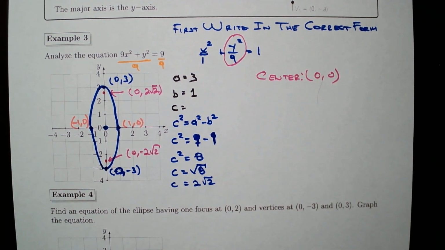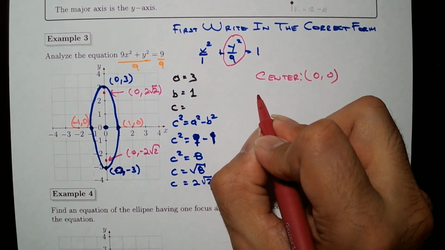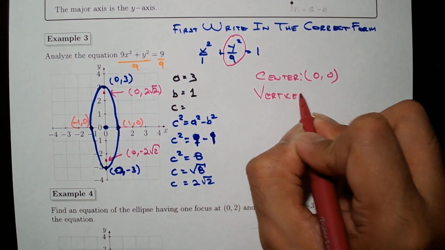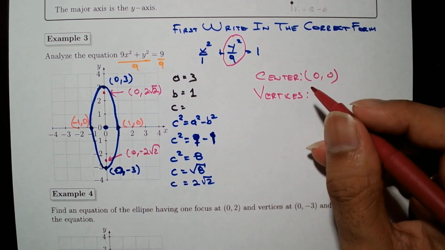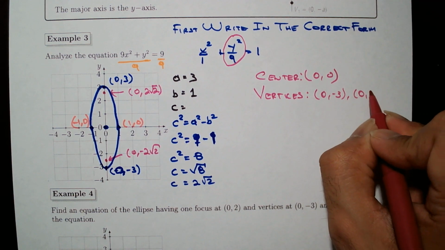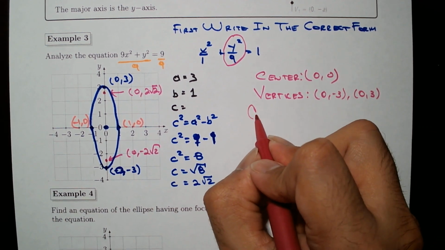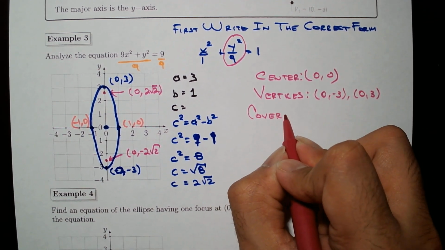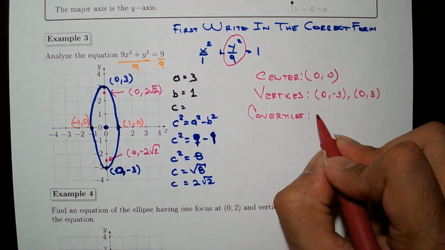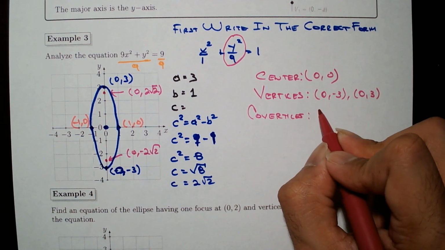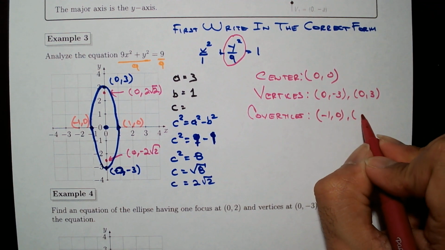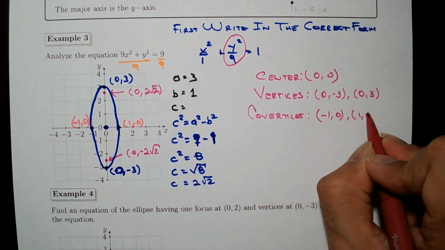Okay, let's list everything here. Center, vertices. The vertices are 0, negative 3, and 0, 3. The co-vertices are going to be negative 1, 0, and 1, 0.